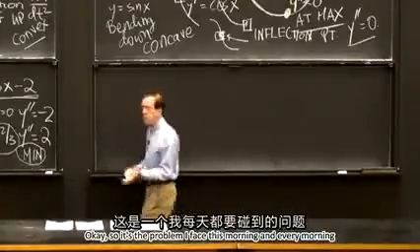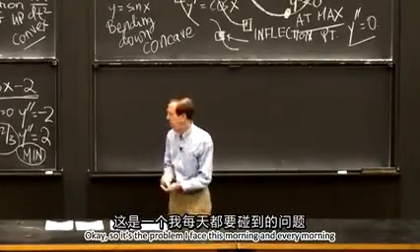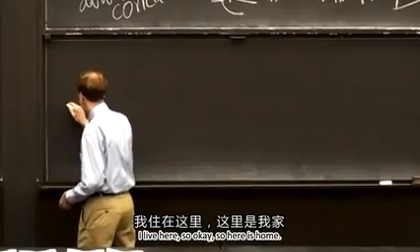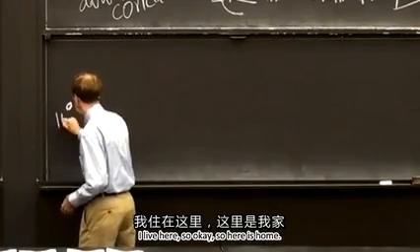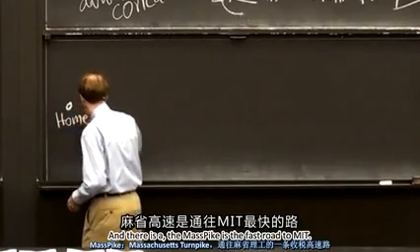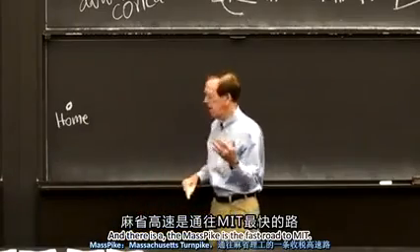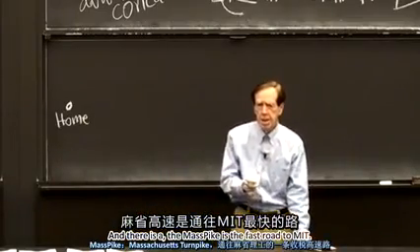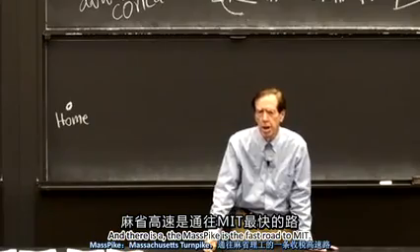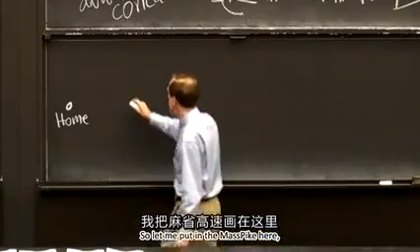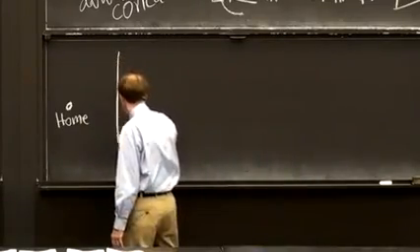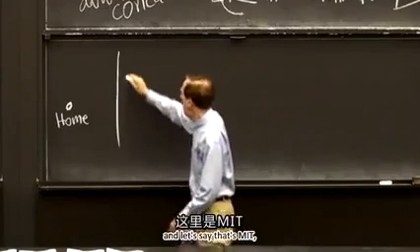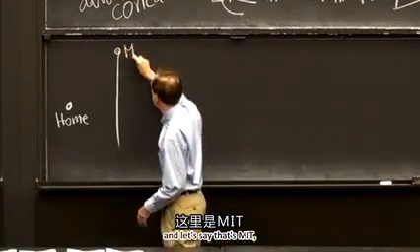Okay, so it's the problem I face this morning and every morning. I live here, so here's home. And there is the Mass Pike, the fast road to MIT. So let me put in the Mass Pike here. And let's say that's MIT.